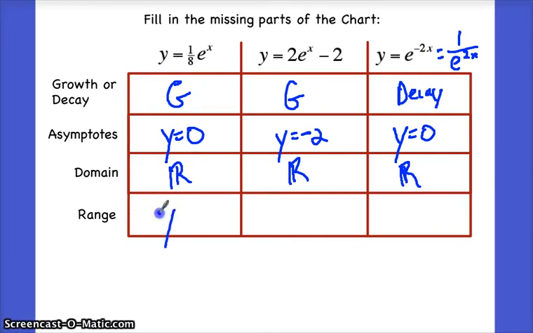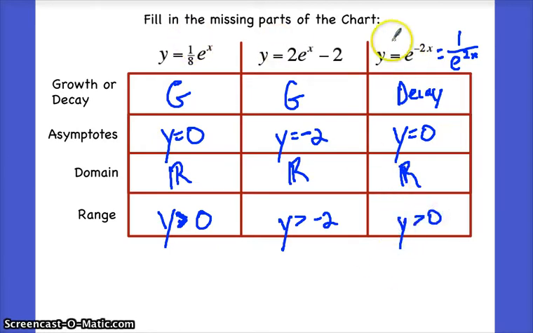So our range is still going to be that y is greater than, note that we're a positive 1/8 out in front, greater than the asymptote. Again, a positive 2 out in front here means y is going to be greater than the asymptote. And again, positive 1 in front of this e would mean that y is, again, greater than 0.